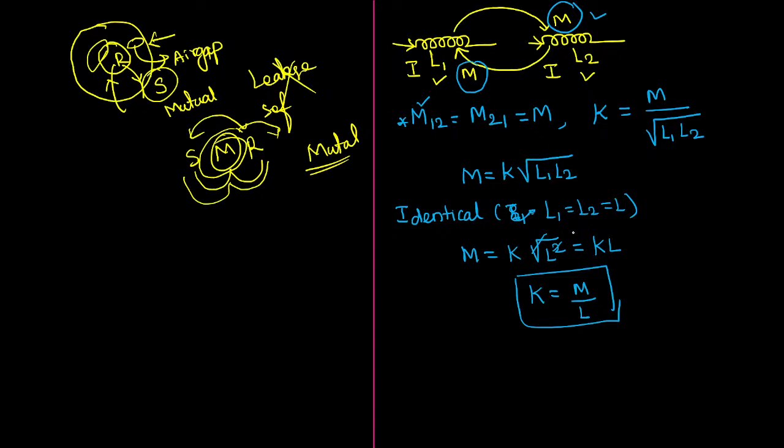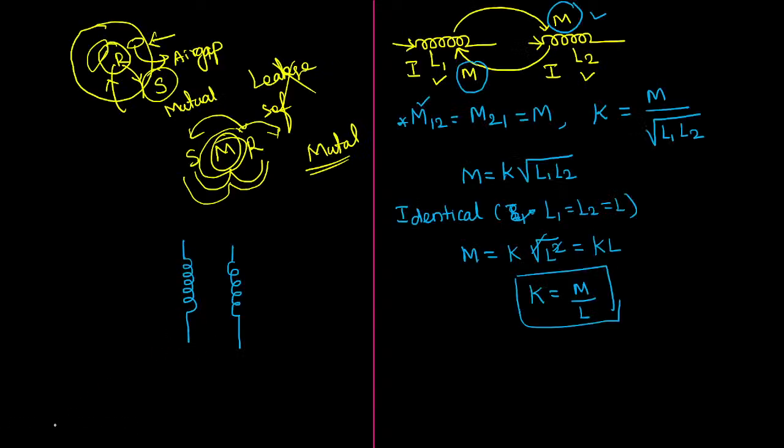Okay, sir. The next question is about the dot convention. Basically, when we are passing current through one coil, sometimes they will oppose each other, sometimes they will aid each other. What does it mean? One minute.